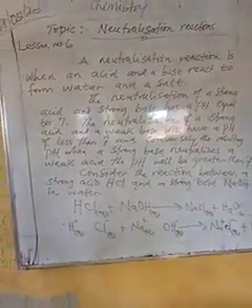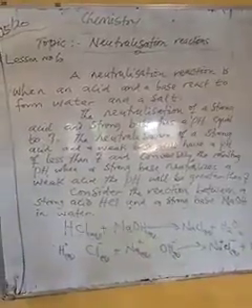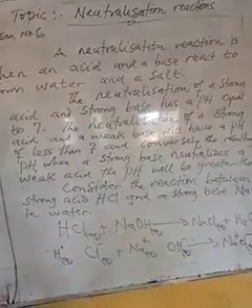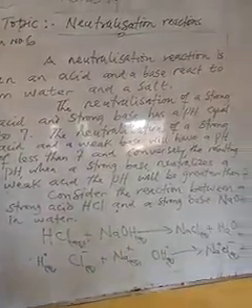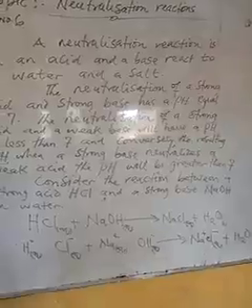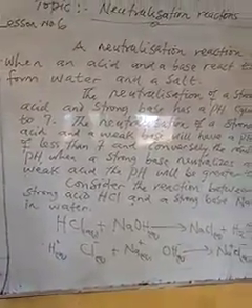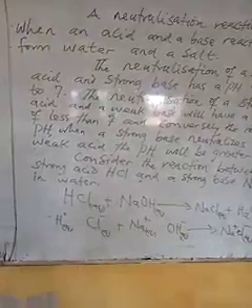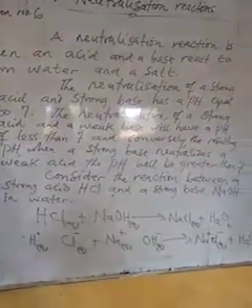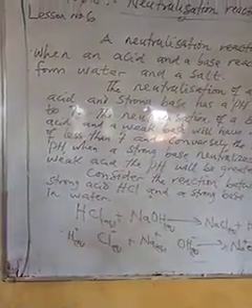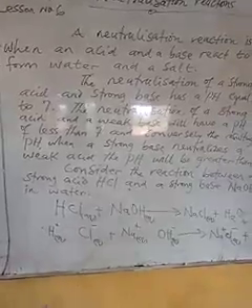And if you could recall, we said an alkali is any substance that produces hydroxyl ions in water. And you have seen some examples of bases like sodium hydroxide, potassium hydroxide, and some examples of alkalis like ammonium hydroxide, and so forth.